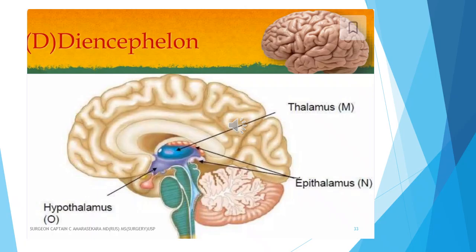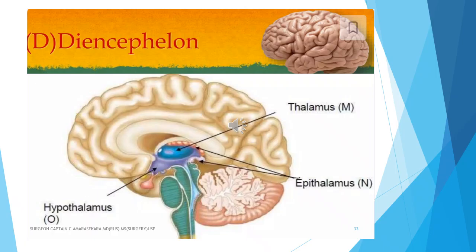The hypothalamus's main function is as the autonomic and endocrine control center. It regulates body temperature, hunger, thirst, circadian rhythms, and emotions, and controls the pituitary gland via hormonal signals. Then finally the epithalamus.